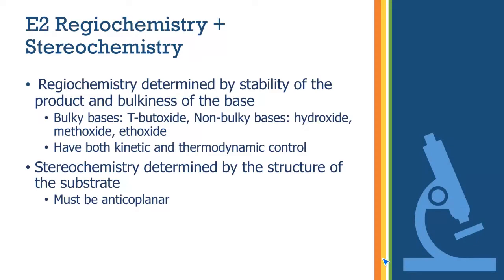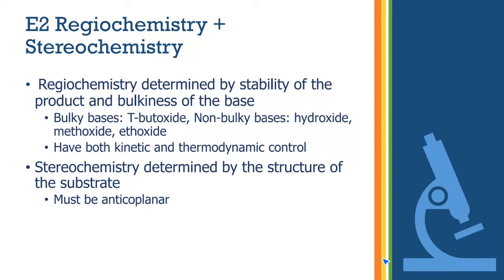E2 reactions are a little bit more complicated for regiochemistry and stereochemistry. The regiochemistry for E2 reactions is determined by the stability of the product and the bulkiness of the base. The bulkiness of the base is basically just how big the base is. Really the only bulky base you'll need to know is t-butoxide, which is an alkoxide with a tertiary butyl group on it.